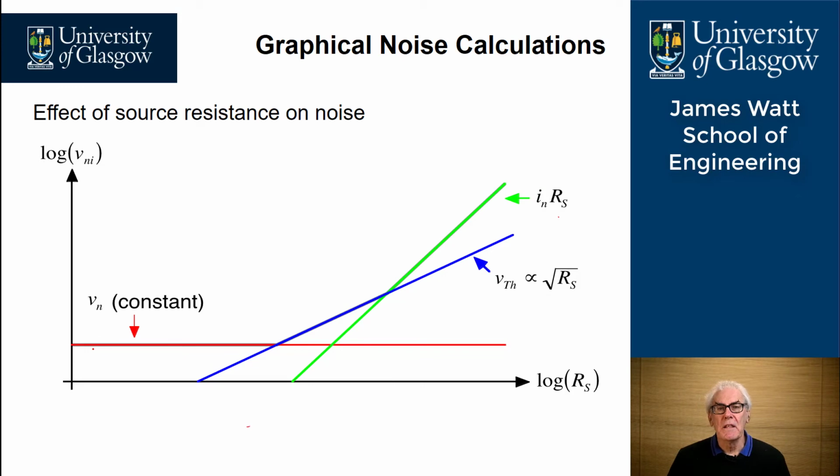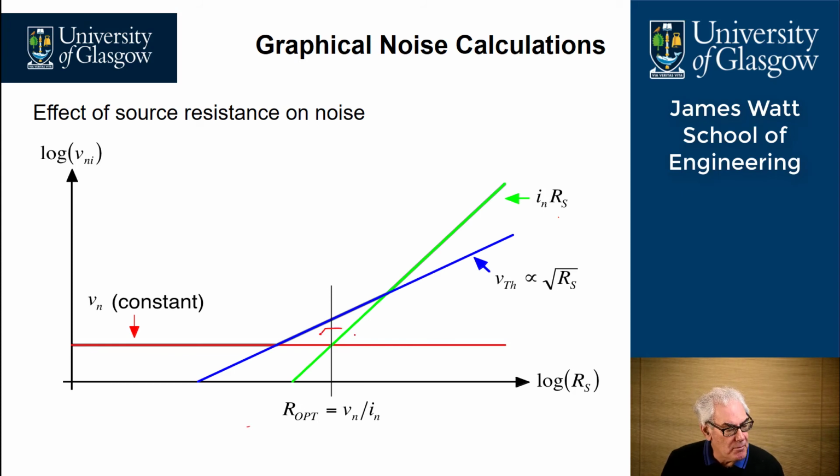Looking at these three different curves for a given amplifier, we can now surmise the best position and what the best source impedance choice would be for this given amplifier.